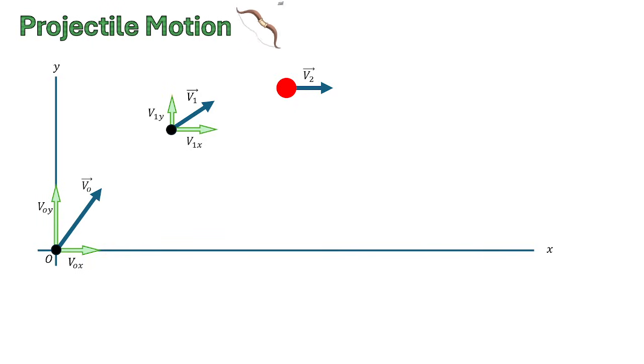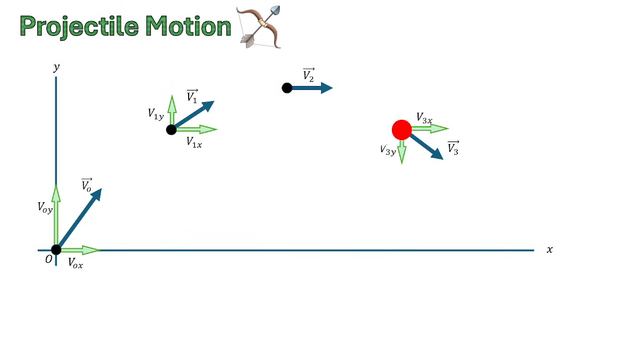And as said earlier, we have a v of x. This v of x here is present because we have a constant velocity all throughout the time of flight of our object or particle. So let's move on.